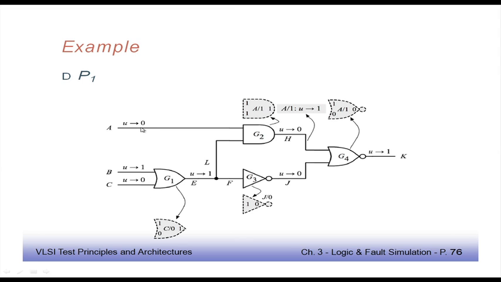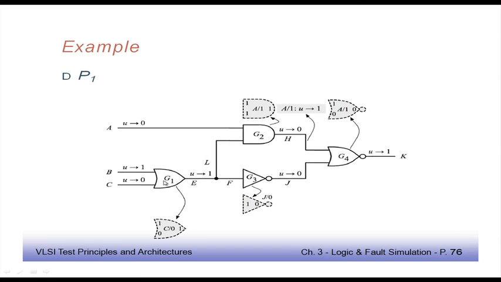Now, when we have 0 1 0, this input may change if A is stuck at 1. If this A stuck-at-1 fault is there, then this gate will behave differently. If this input is stuck at 1, this gate will behave in a different fashion, so this becomes a bad gate for this gate.